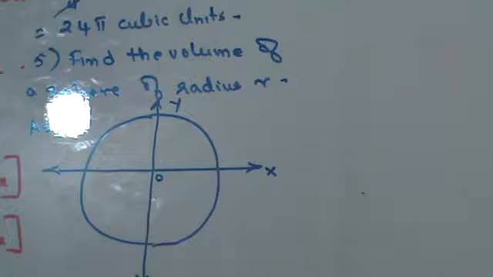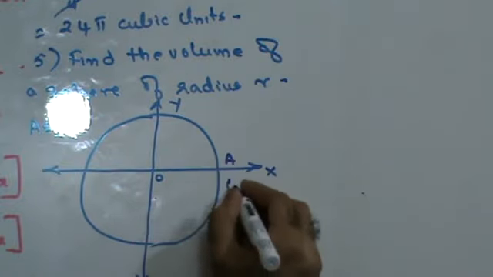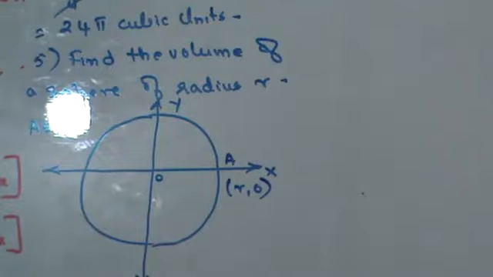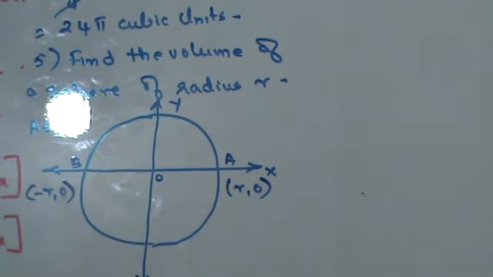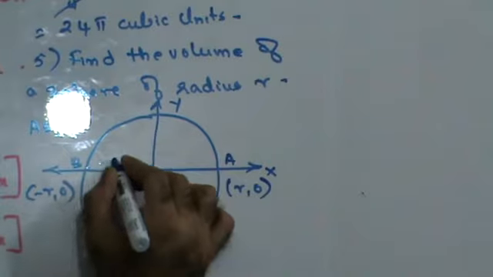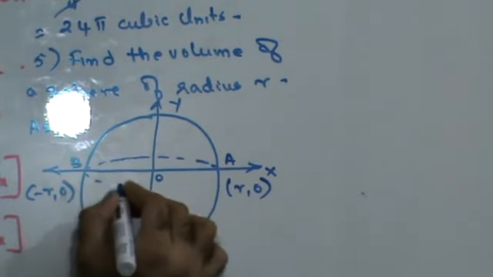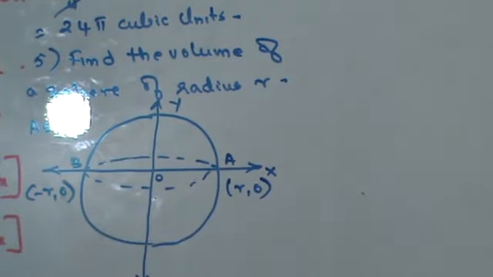That means I can say that point A will have coordinates r comma 0 and point B will have coordinates minus r comma 0, right? Since the radius is r, I'm going to rotate this. How do I show that rotation? I'm going to show it to you this way. I'm rotating the whole thing about the x-axis, right? Now if I rotate it about the x-axis, only then I'll get a sphere. A circle rotated about the x-axis gives you a sphere, right?